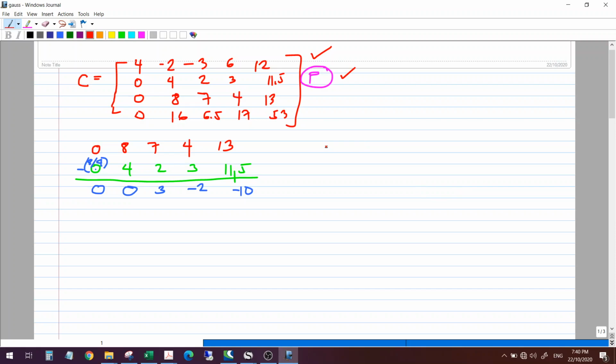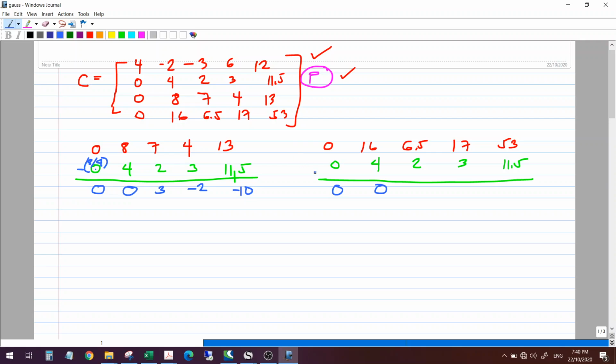So last row is 0, 16, 6.5, 17, 53. Then write down the pivot equation, which is 0, 4, 2, 3, 11.5. Again, what number will I multiply the pivot equation so that when we subtract these two equations, this becomes 0?